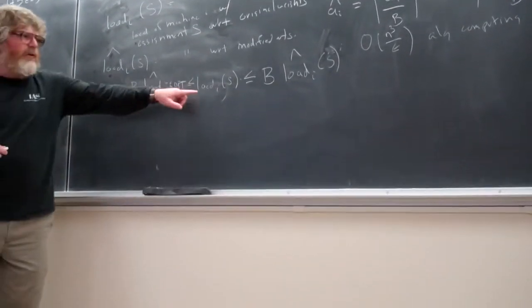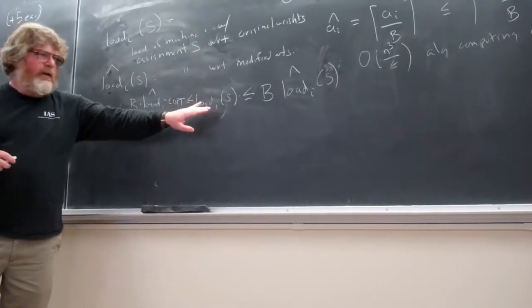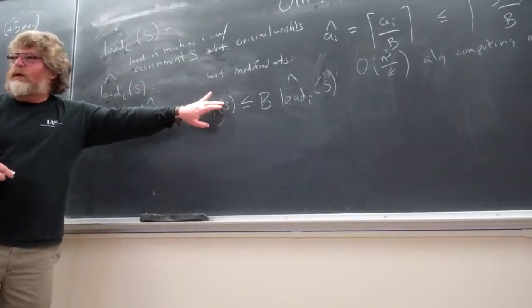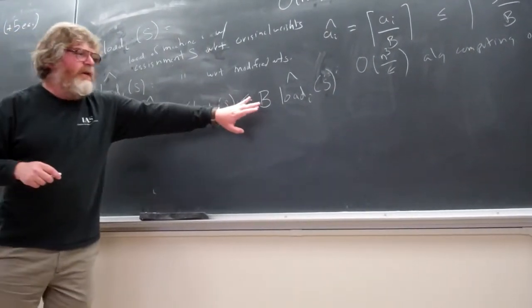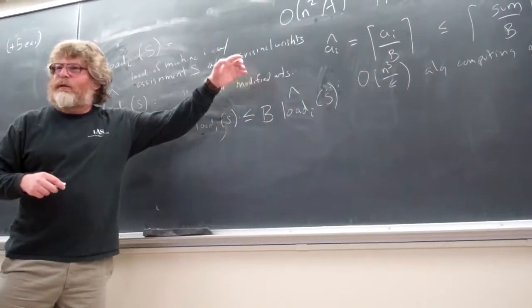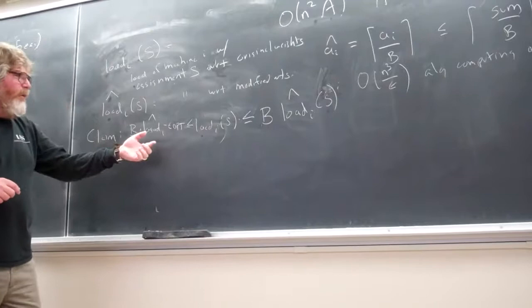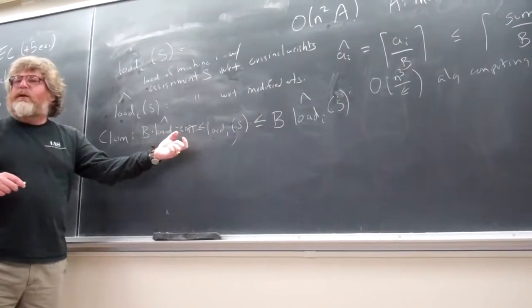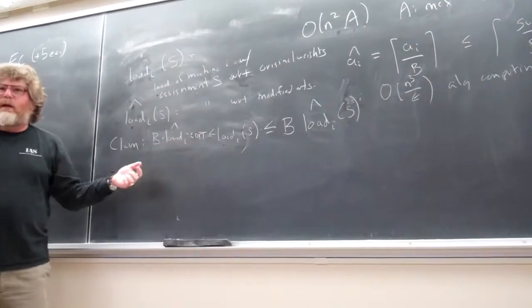So the load of any machine in the new schedule is approximately B times, just proportional to the load in the modified schedule, but with an error that's small compared to the optimal solution in the original problem.